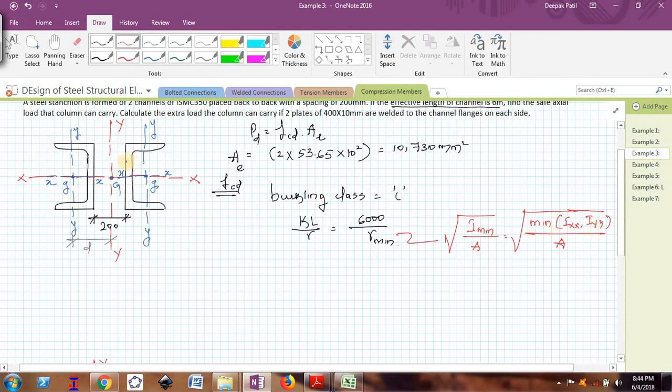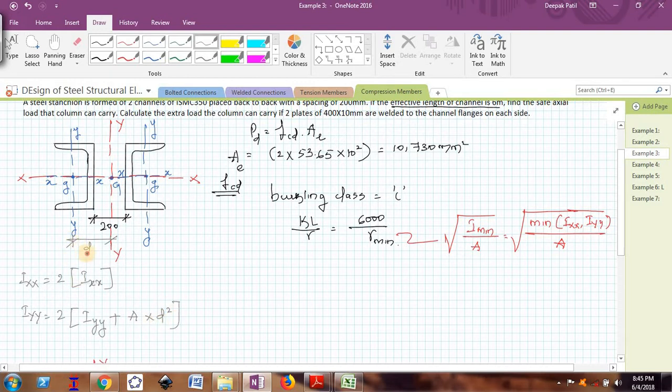When there are two channels together, IXX, the global moment of inertia about XX axis, is 2 times the local moment of inertia about XX axis, and IYY, the global moment of inertia about YY axis, is 2 times the moment of inertia about YY axis plus area of each channel multiplied by d square.